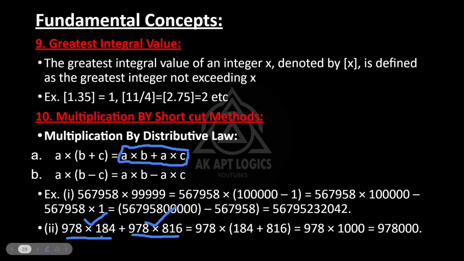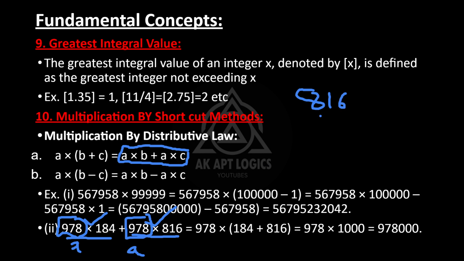Here one of the numbers is common, right? 978 is common. What are the other two numbers? 184 and 816. So we can say this is A. We have to decide what B is, and whether we need to perform addition or subtraction on the other two numbers, 816 and 184.